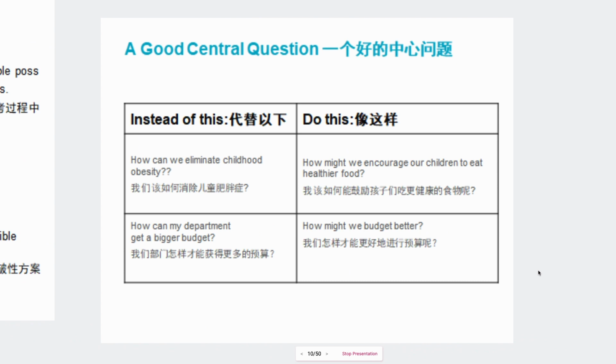Here is one sample of a good central question. For this one, how can we limit childhood obesity? Then we can see this one, how might we encourage our children to eat healthy food?